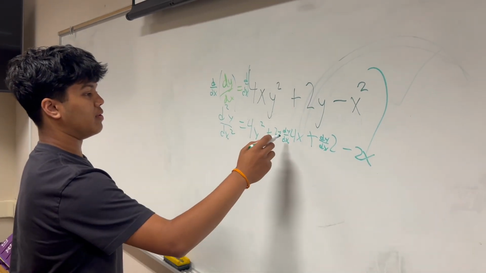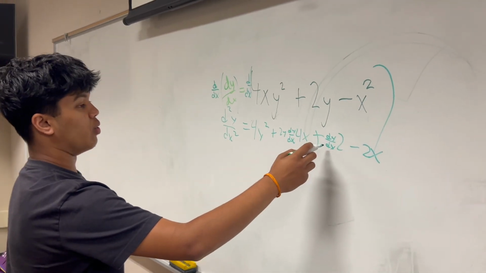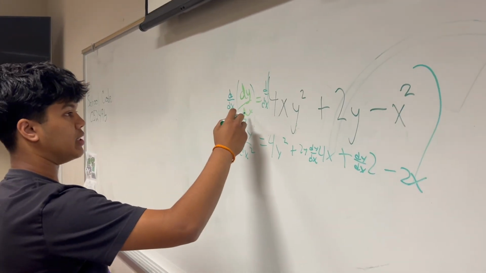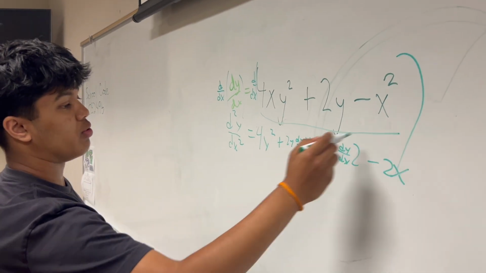Yeah. All right. So now we have dy dx here, dy dx here. So what we do is we plug in what dy dx is originally, which is all this. We plug it into there.